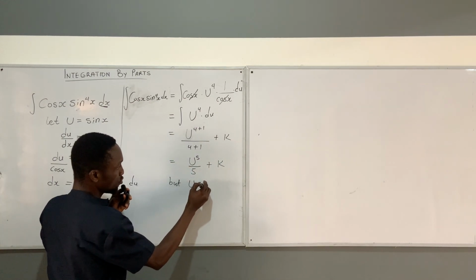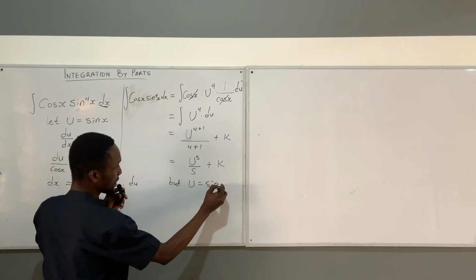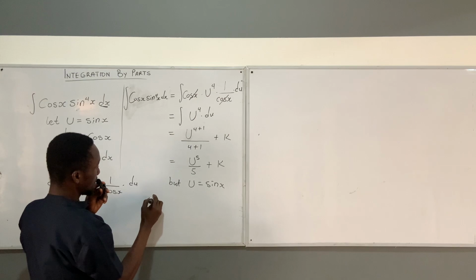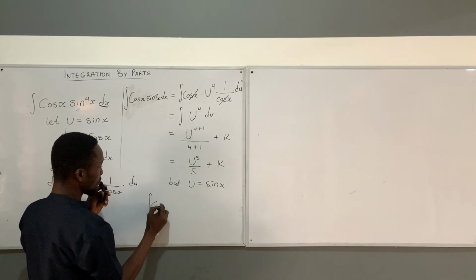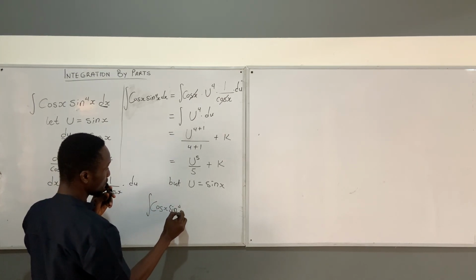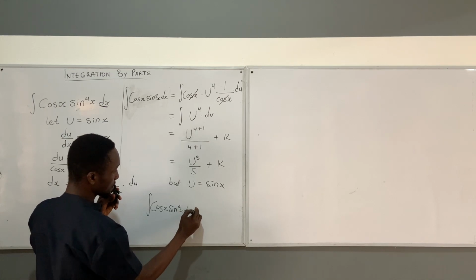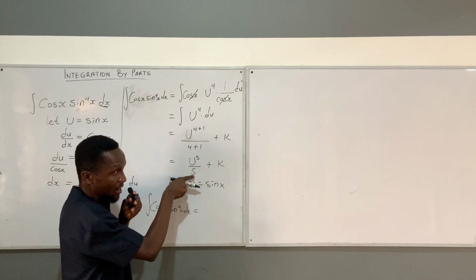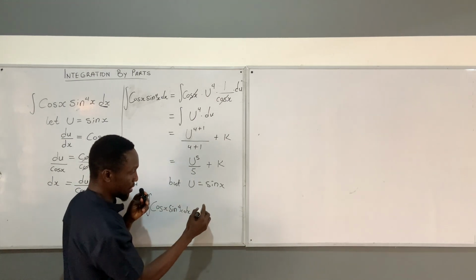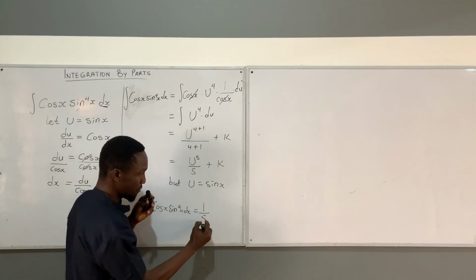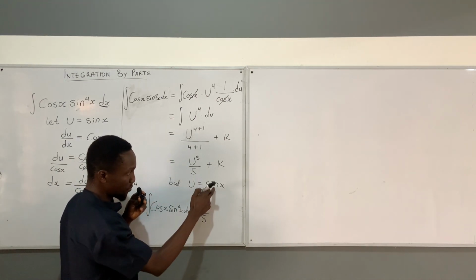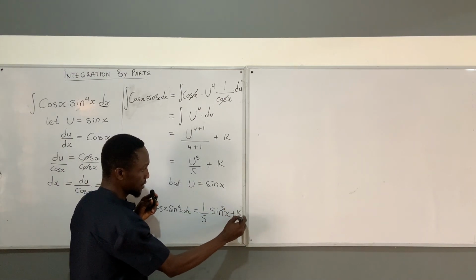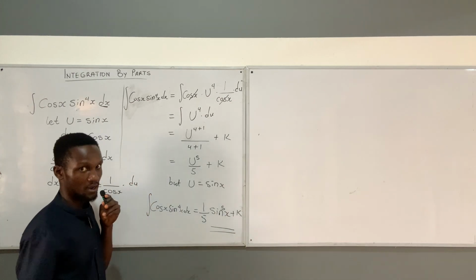But u equals sine x from here. So therefore, the integral of cos x sine to the power 4 of x dx is giving us what? Now watch something. I'm going to factorize this 5 out, plus the 1 here at the numerator. So I'm getting 1 over 5, u, which represents sine x, to the power 5, plus k. And this is my final answer.